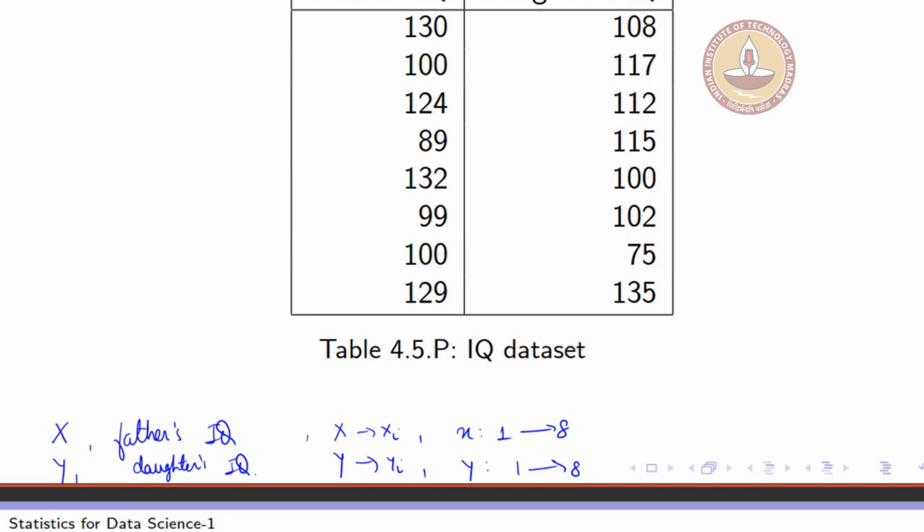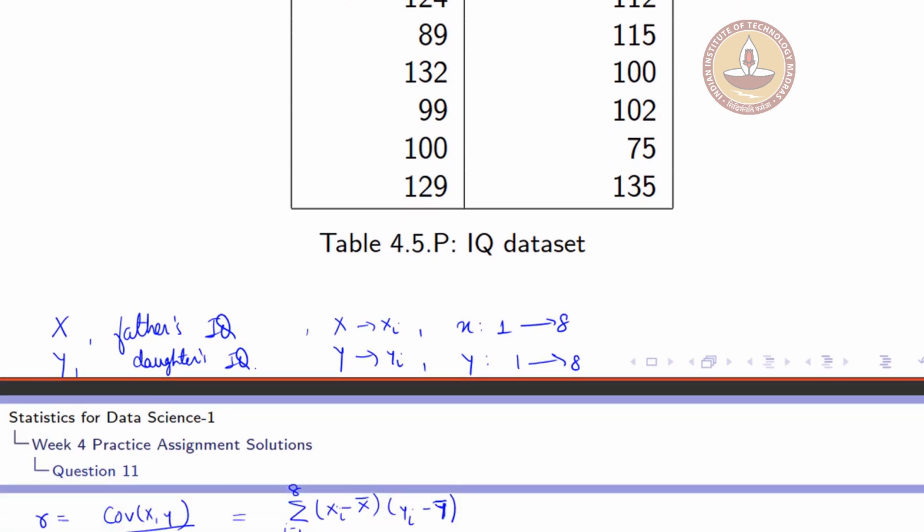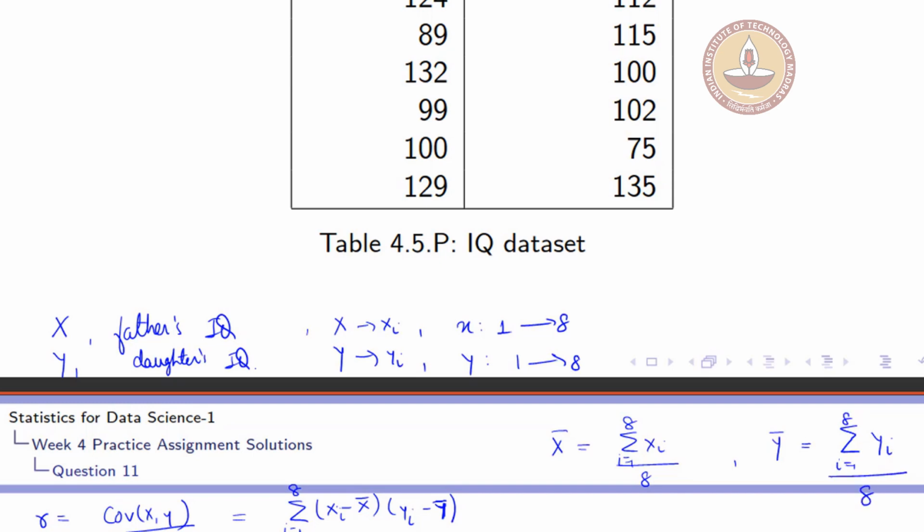So these are x's, and what is the formula for mean? Let's say x bar represents the mean for father's IQ, that is sum over xi divided by 8, where i is varying from 1 to 8, and let y bar represent the mean of daughter's IQ, where y bar is equal to sum over yi, i varying from 1 to 8, divided by 8.